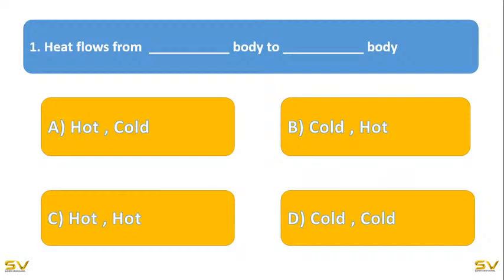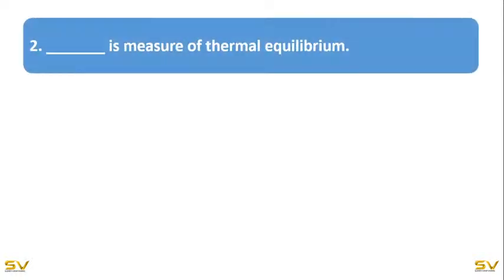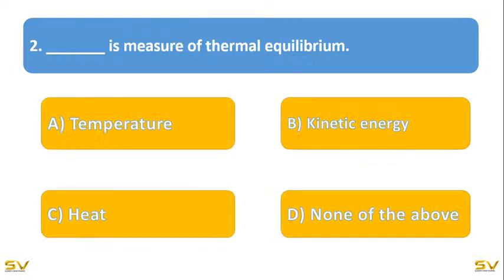Now coming to the next question, that is: dash is a measure of thermal equilibrium. Your options are A, temperature; B, kinetic energy; C, heat; and D, none of the above.